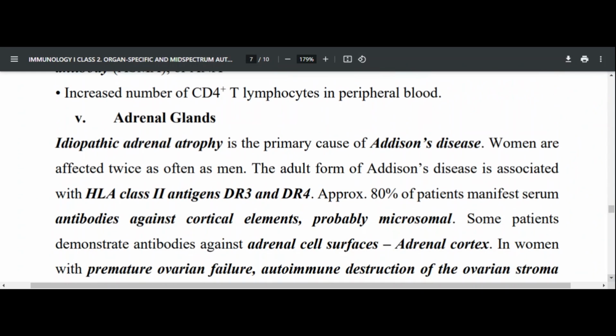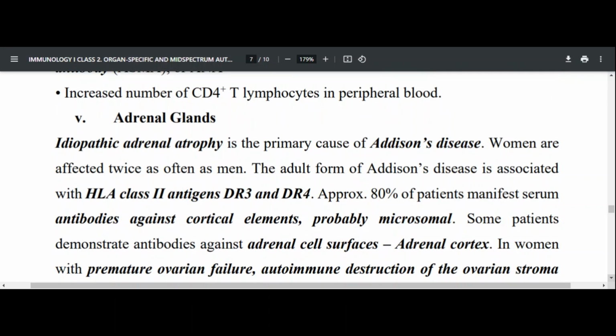So we have also the adrenal gland. In the adrenal gland, we have Addison disease and Cushing syndrome, and Cushing disease, of course. Addison disease is caused by idiopathic adrenal atrophy.